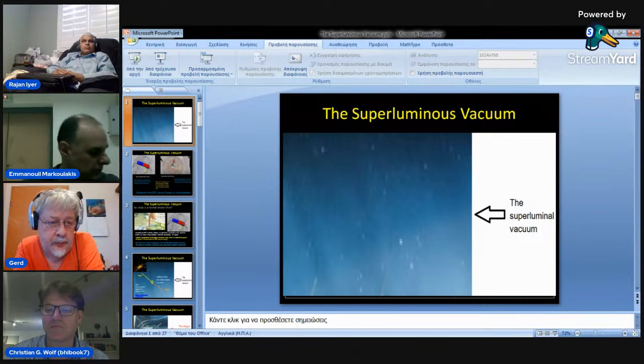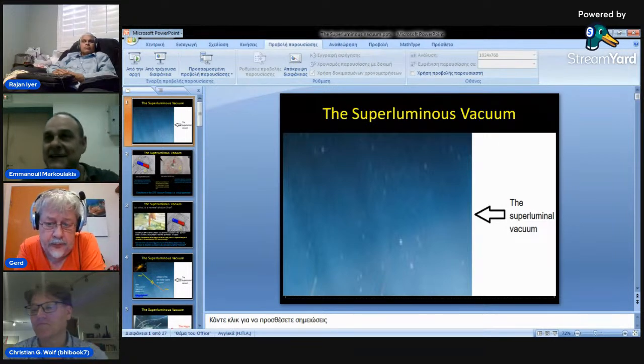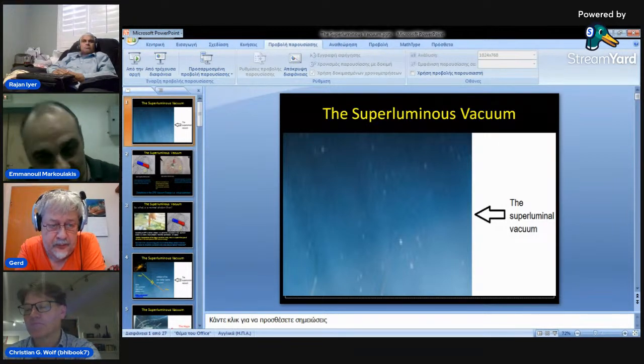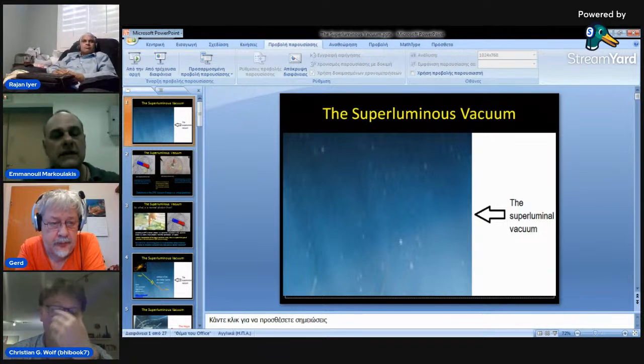But we will not refer to this, because this is silly. As we will discuss later, our research shows that this is actually the imprint of the actual elementary vacuum particle.